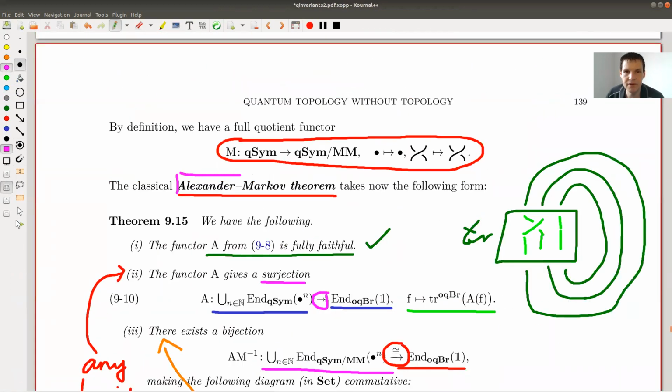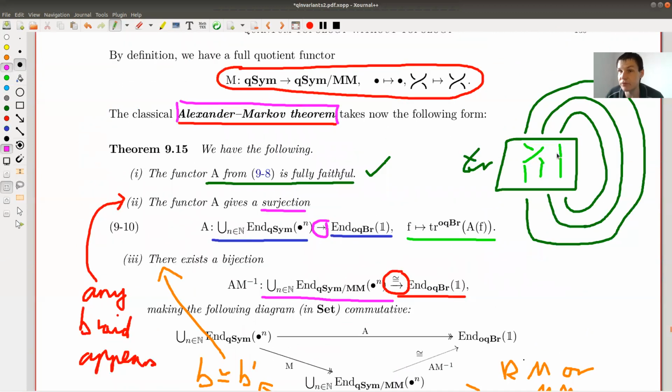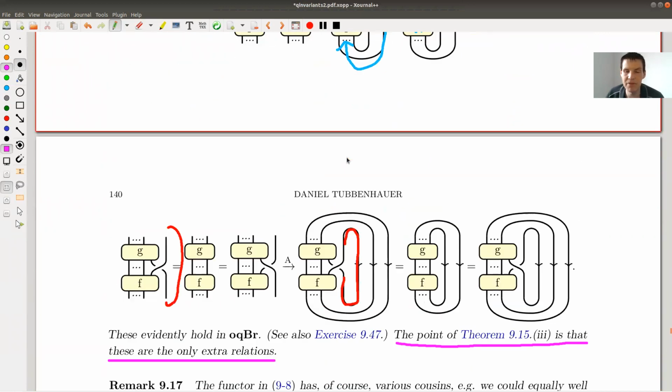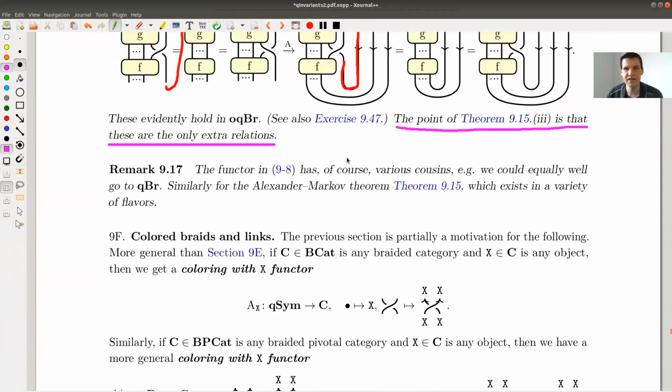Very important. Alexander says every link arises as a closure of a braid. Markov gives you a precise condition to check whether those things are equivalent without ever going to the closure, right? Just checking it on braids, on QSIM. Remember that QSIM was my category of braids.